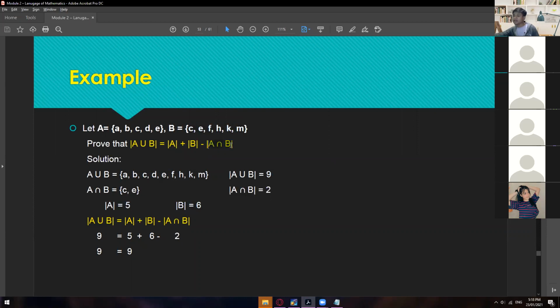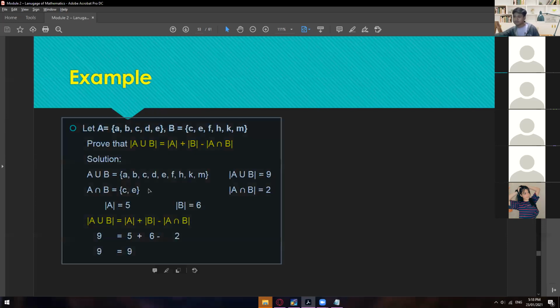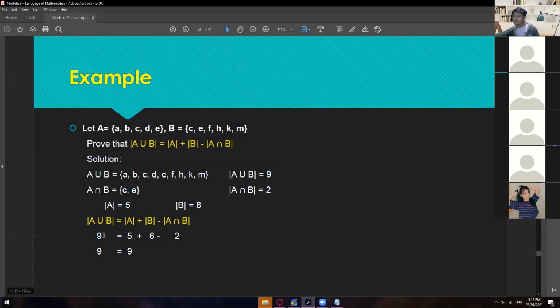And then A intersection B is, so just simply take a look on each of those elements. So how many elements wherein they have in common? So if you're going to take a look at this one, so again, they are common in element C and then element E. So that is why we have 2 elements, which is C and E. All right, and then just simply put the each corresponding numbers.